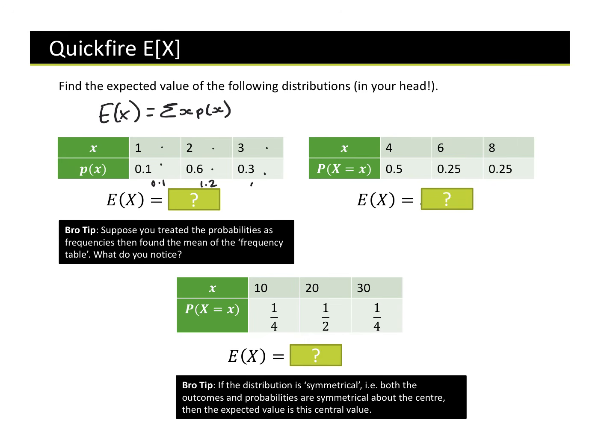And 3 times 0.3, 0.9. Add them all up, 2.2. I've written these down, but we should be able to do these in our head. For the next one, 4 times a half, 2. 6 times 0.25, 1.5. 8 times 0.25, 2. Add them all together. 2 plus 2 plus 1.5, 5.5.